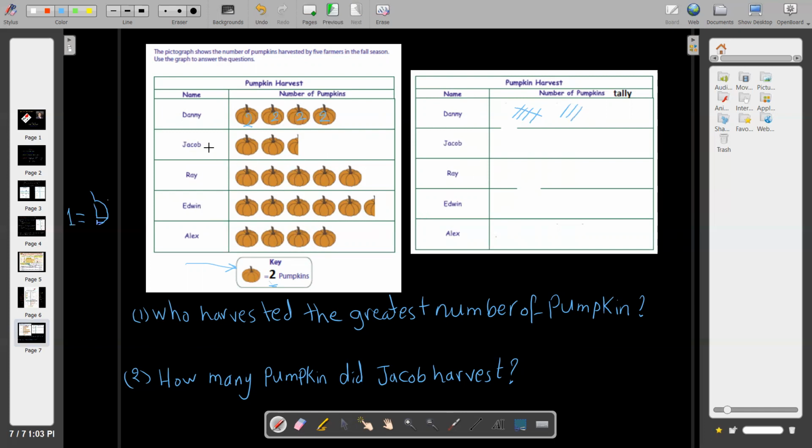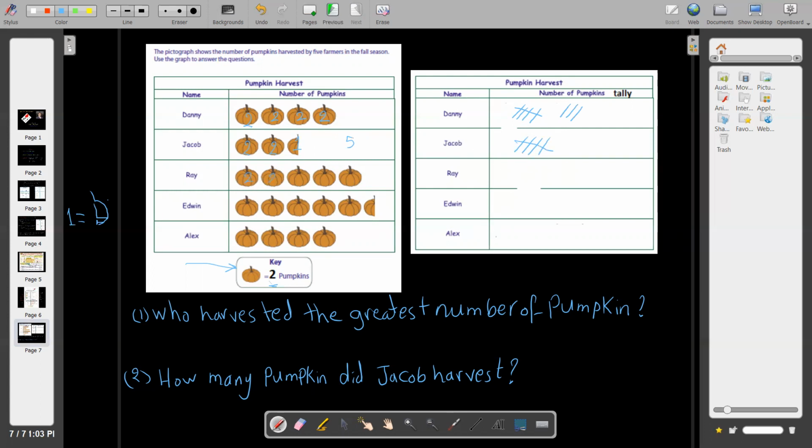How many pumpkins did Jacob harvest? 2, 4. This is half, which means 1. So 2, 4 plus 1 equals 5. So we draw 1, 2, 3, 4, and cross them to make 5.